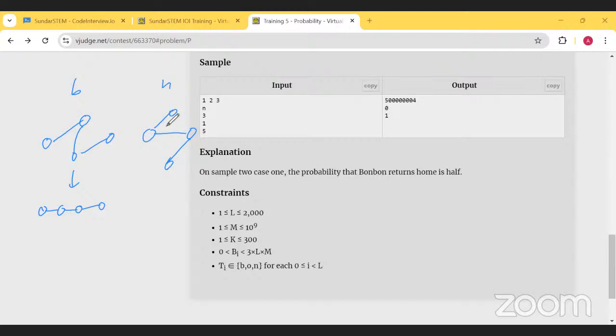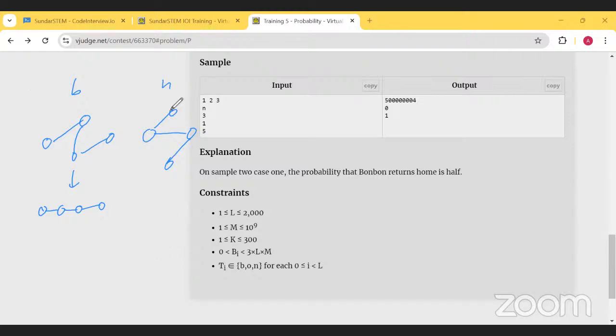And we know that because this is a dead end, if we go there, then we have to go back. Okay.